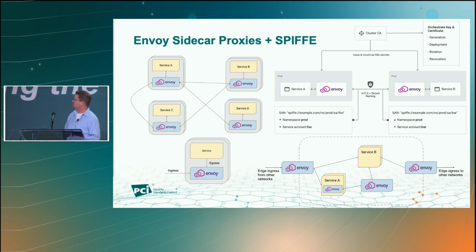Envoy is a layer 7, lightweight proxy. It can be implemented to run alongside each service in a microservices architecture. Envoy is also leveraged in a service mesh architecture as a gateway in ingress and egress to the network.